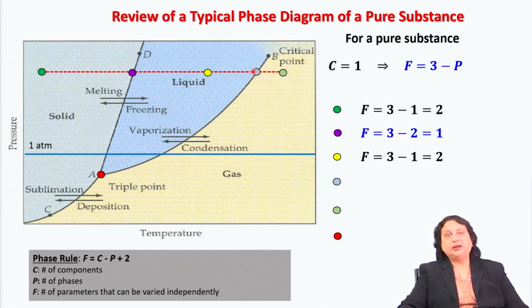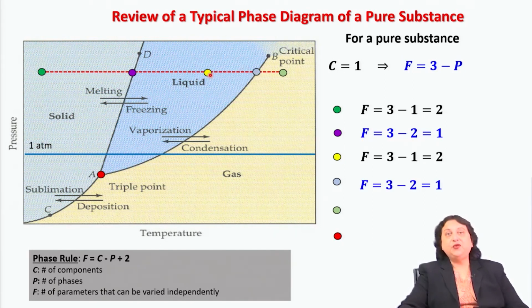At this point there will be a coexistence of the liquid and the gas phase in equilibrium. So, once again there is this particular point which is lying on the line AB, and along this line I have F equal to 1.